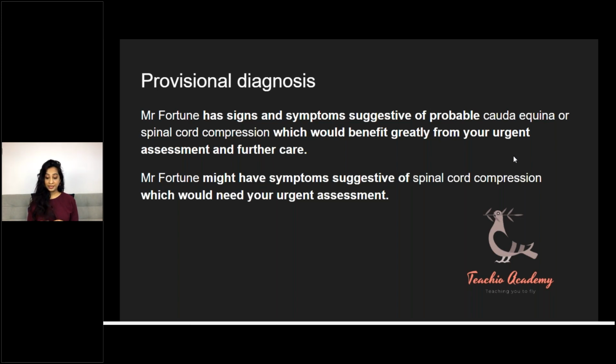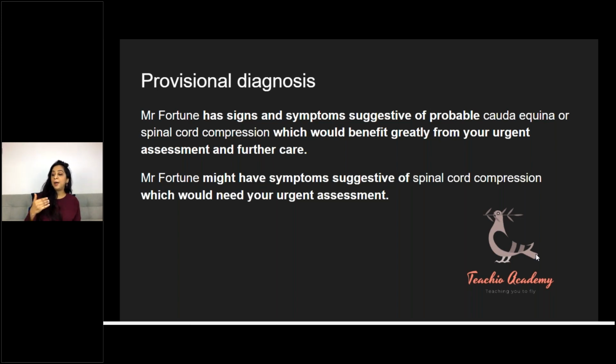Now, the second part of the sentence is a little bit more complicated. Notice what we've written: which would benefit greatly from your assessment and further care. Okay. Remember, when you're writing the letter, the benefit has not happened yet. So what we would write is which would benefit.